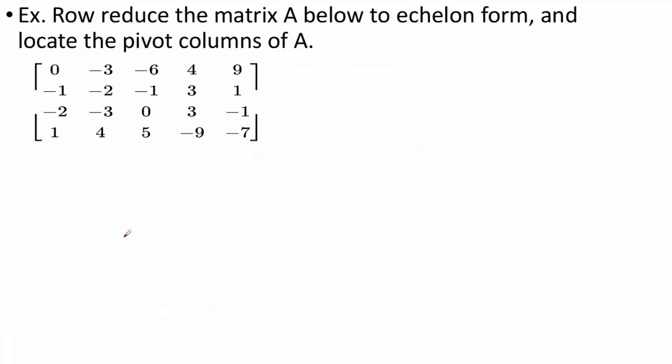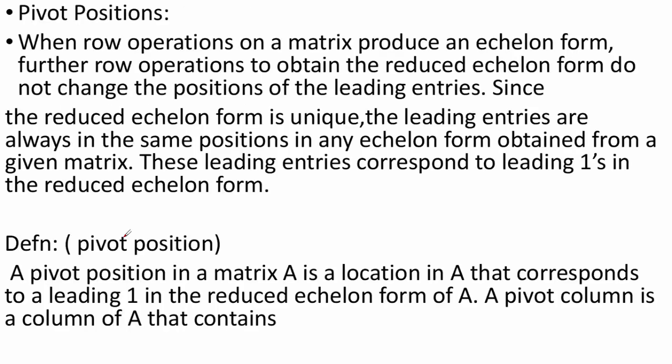For example, reduce the matrix A below to echelon form and locate the pivot columns of A. Before that, we shall see what a pivot position is. Suppose this is a matrix.